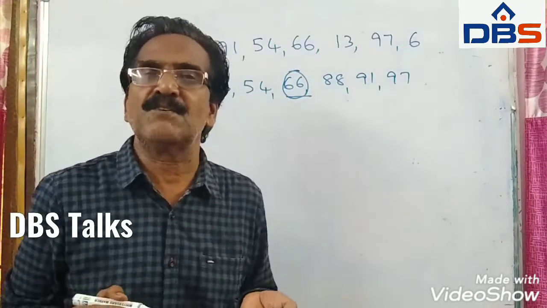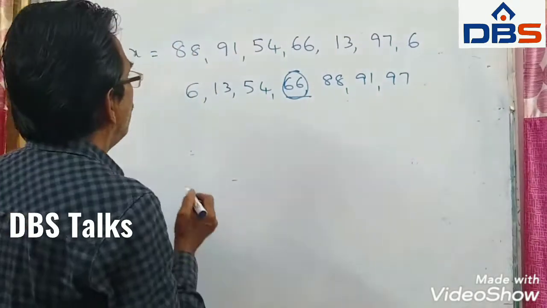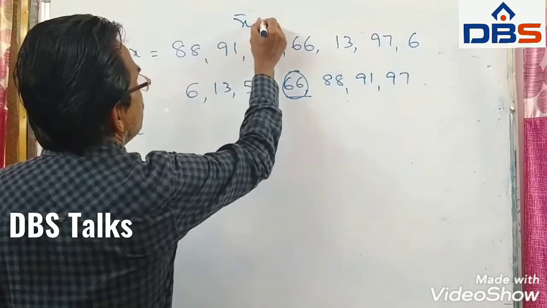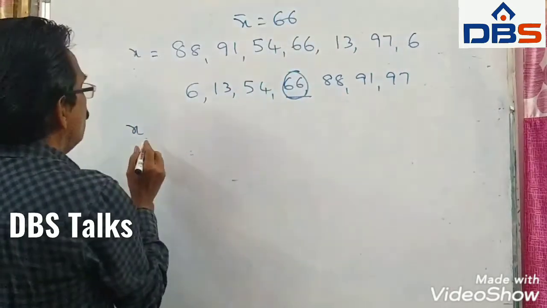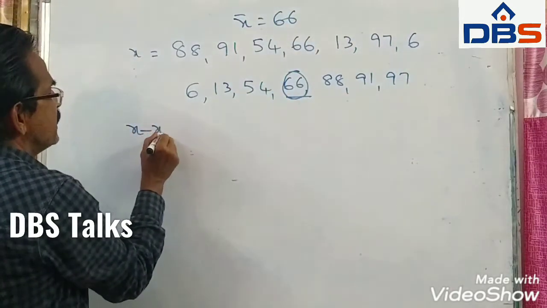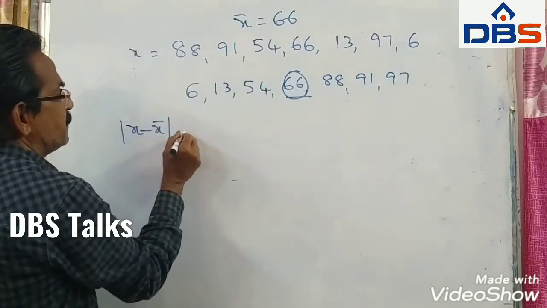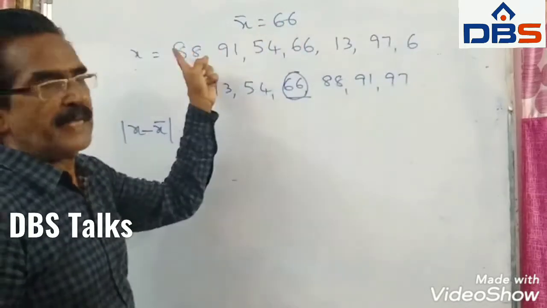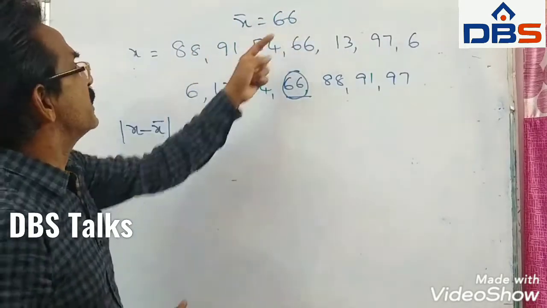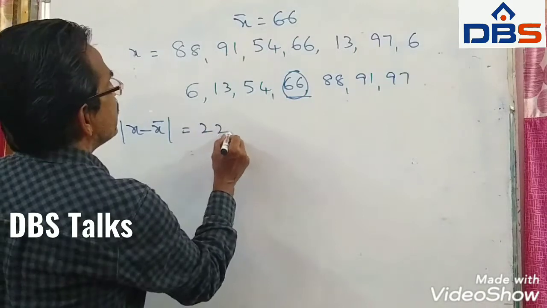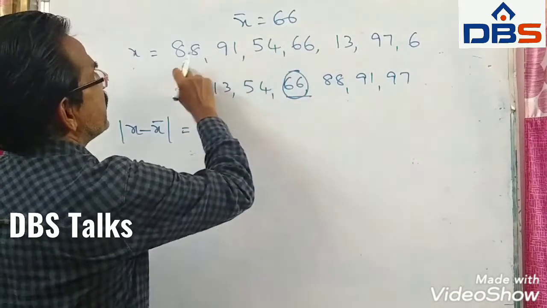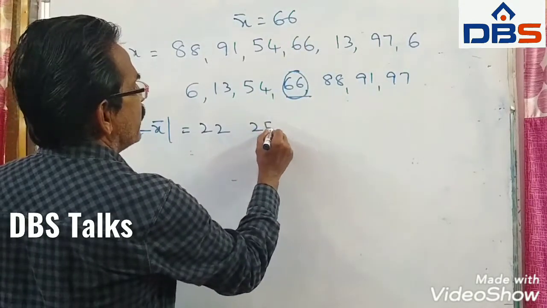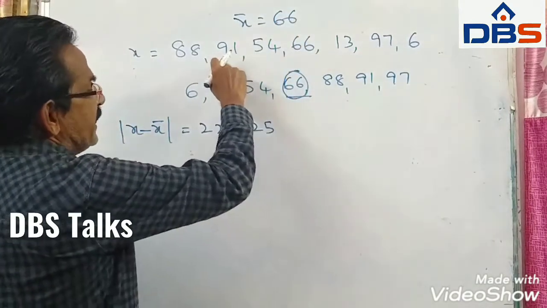That is, x bar is equal to 66. Now our task is finding absolute x minus x bar. What is the difference between these two things? 22, 66 plus 22, 88. 25, 66 plus 25, 91.